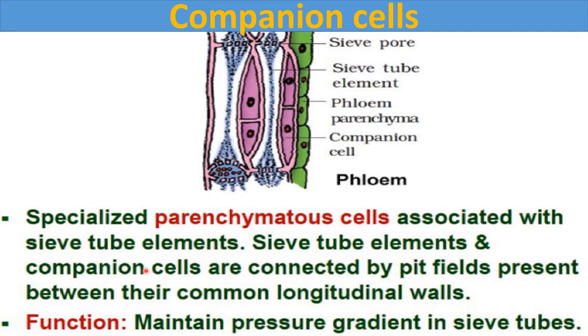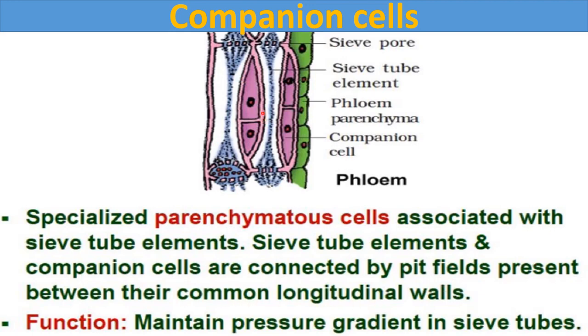Sieve tube elements and companion cells are connected by pit fields present between their common longitudinal walls. Obviously, because the nucleus of the companion cell is responsible for controlling the functions of sieve tube elements, there must be a connection between these two, right? So how are the sieve tube element and the companion cells connected? They are connected by pit fields, a type of pores present between their common longitudinal wall.